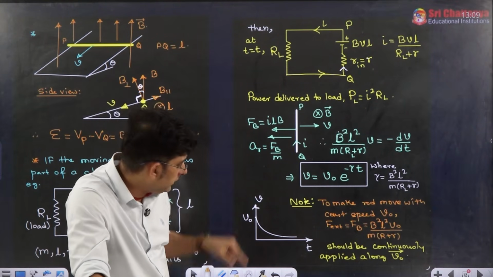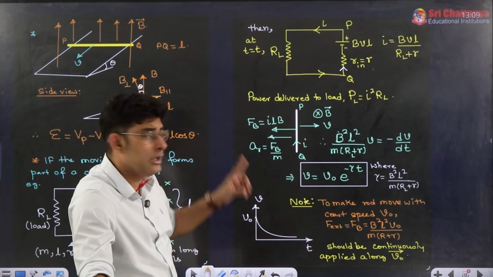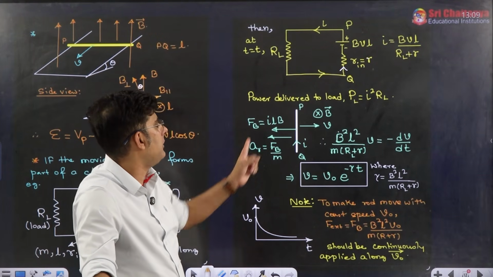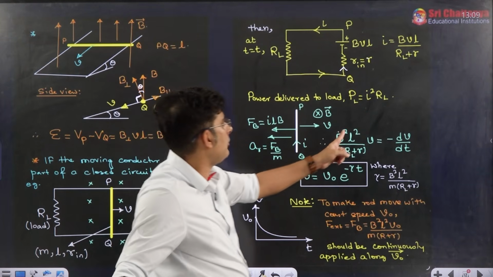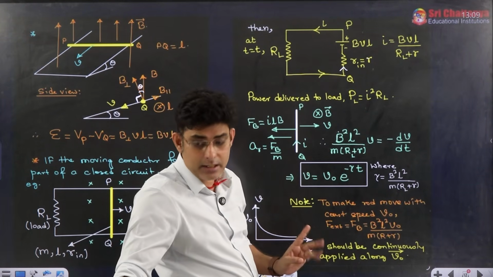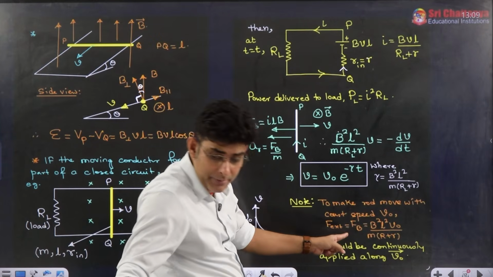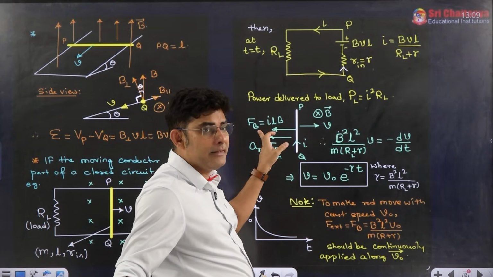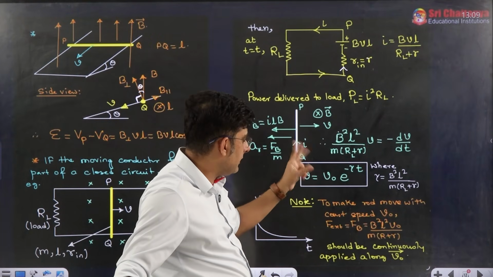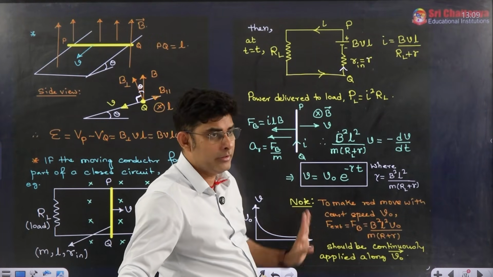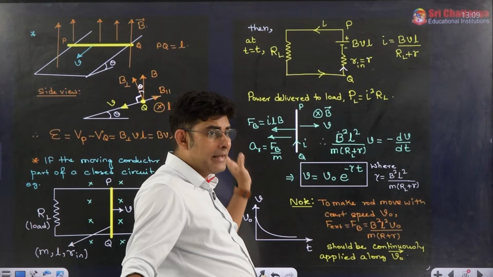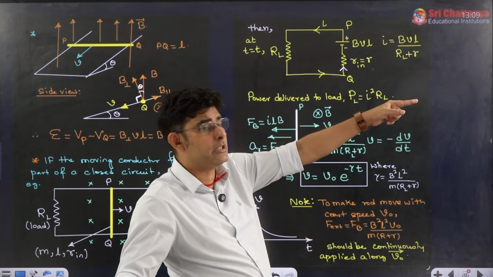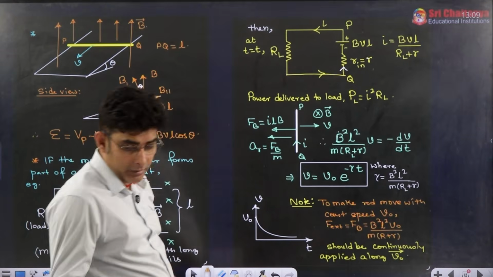Now if I don't want it to decrease exponentially, what I have to do: in the beginning, when its velocity was V naught, at that time the force on the rod will be ILB, which will become B square L square V naught by M into R plus R. If I apply exactly the same amount of force along the direction of motion, that force will balance this magnetic force. So the net force will become zero, and it will move with constant velocity. So whatever magnetic force was acting at t equals 0, that much external force we have to apply in the direction of velocity, then it will move with constant velocity.